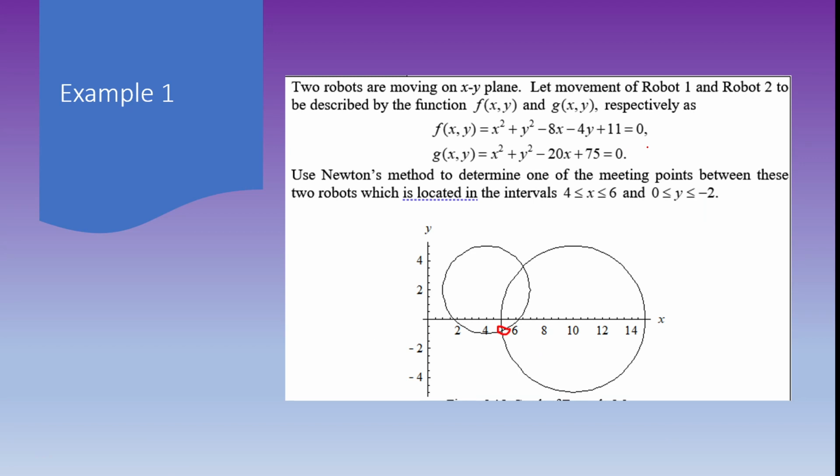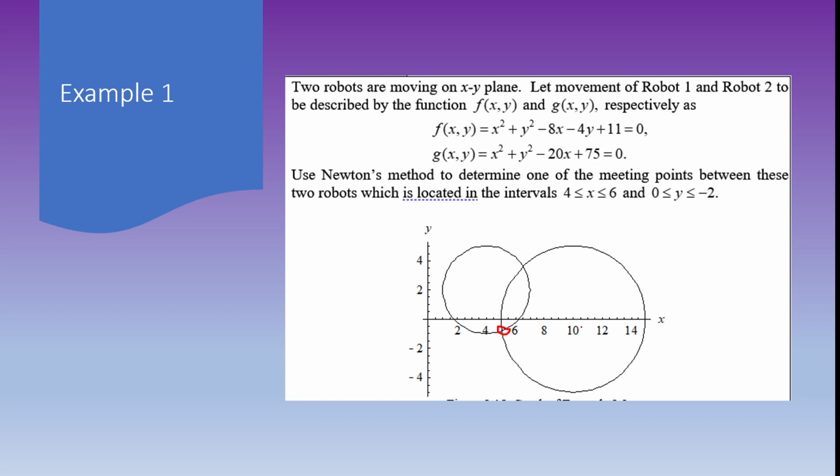Example: we have two robots moving on the xy plane. Let the movement of robot 1 and robot 2 be described by the functions f(x, y) and g(x, y) respectively. f(x, y) is x squared plus y squared minus 8x minus 4y plus 11 equal to 0. g(x, y) equals x squared plus y squared minus 20x plus 25 equal to 0.